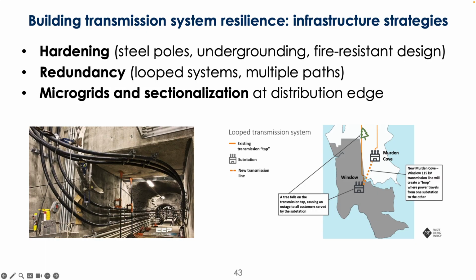But if you have a transmission line that connects your substations at Murden Cove, you may create this loop, essentially, where power can travel from one substation to another and prevent that blackout in the case that this thing fails. Like in parallel, yeah, you would build out lines in parallel, essentially.